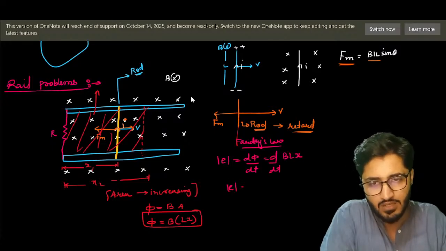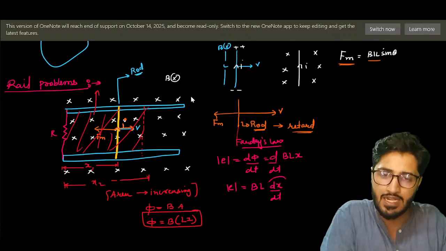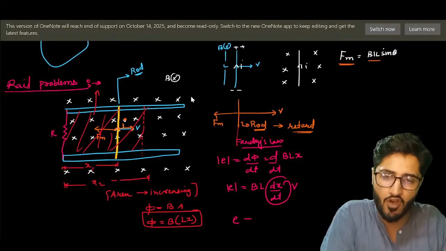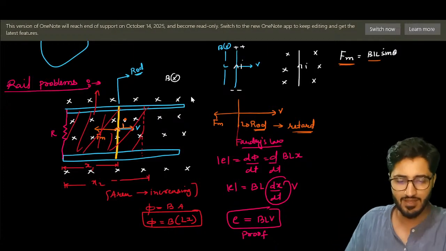Look, B is constant, length of the rod is constant. Now I can write dx by dt, and dx by dt is V. I can write the induced EMF of the motional one is BLV. One more proof of your formula BLV. If you want, you can write these things.